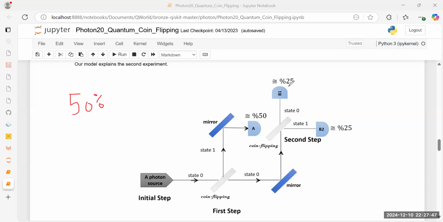And there is a 25% chance at this point that we get head at the end, and also a 25% chance we get tail at the end. So we can just sum these. So we have 50% here and 25% here.